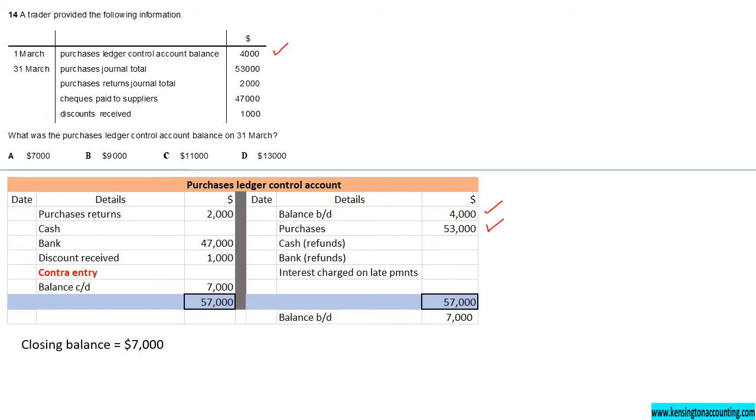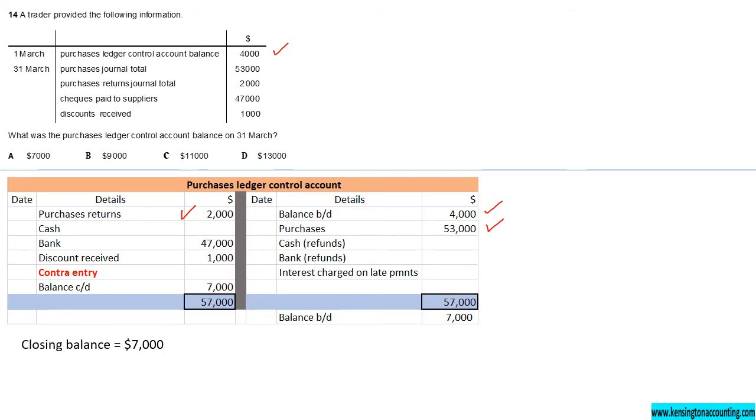Purchase return journal total, that's the reverse of purchases. So the double entry is credit purchase returns and debit the purchase ledger control account. That's a debit. Check paid to supplier, that's a payment. A payment, the double entry will be credit the bank account. Okay, we're talking check here.